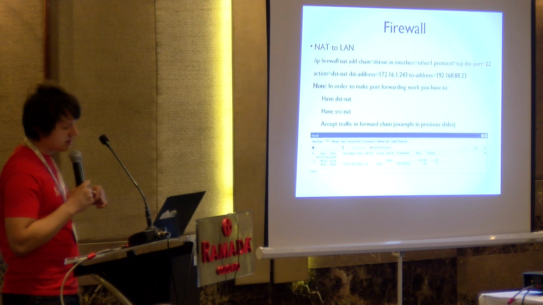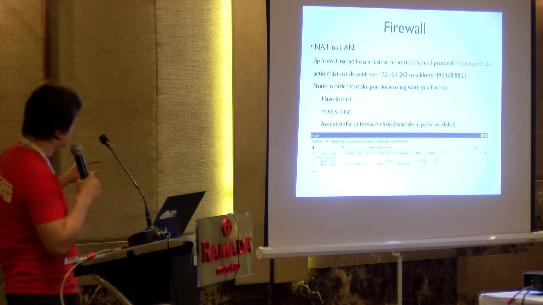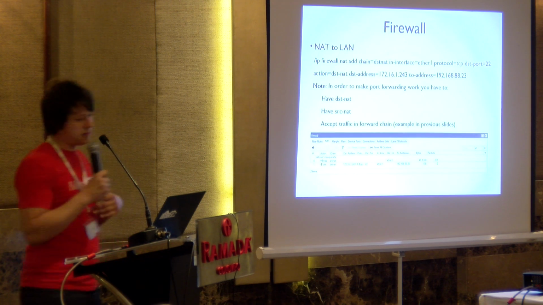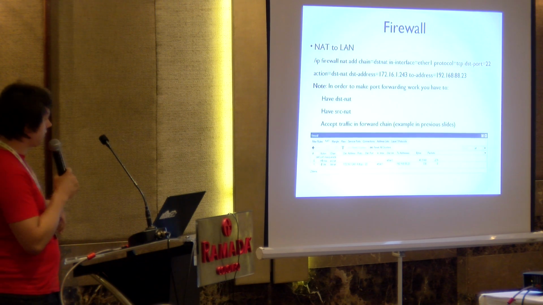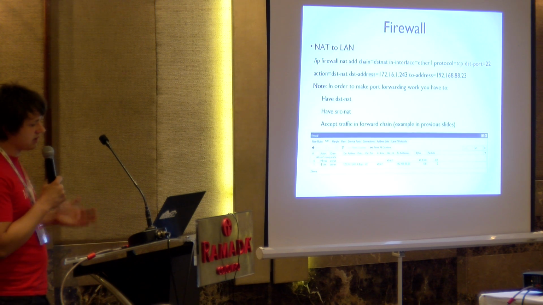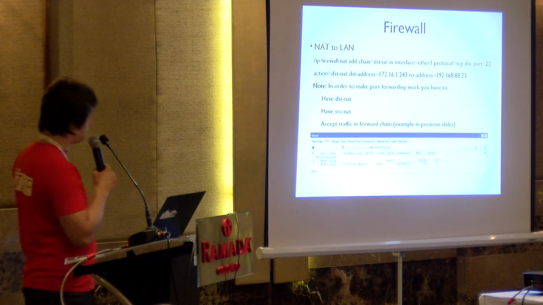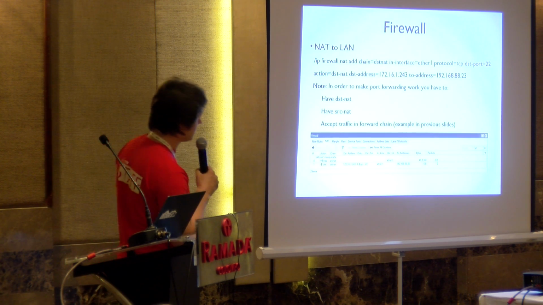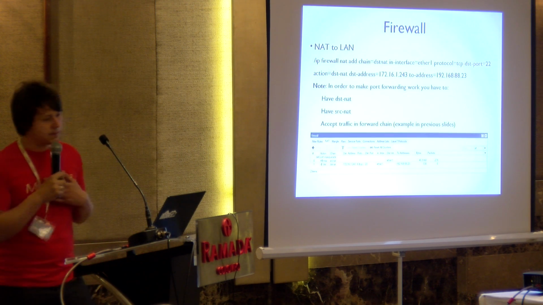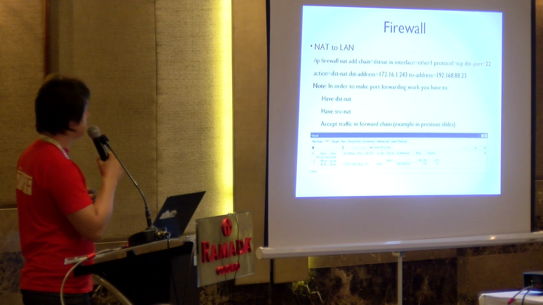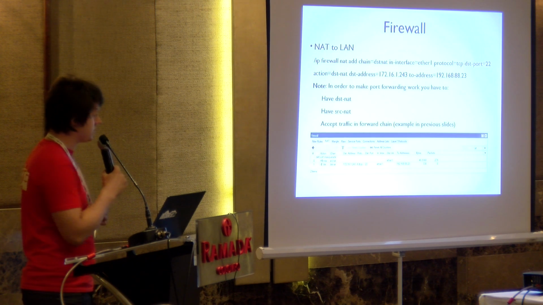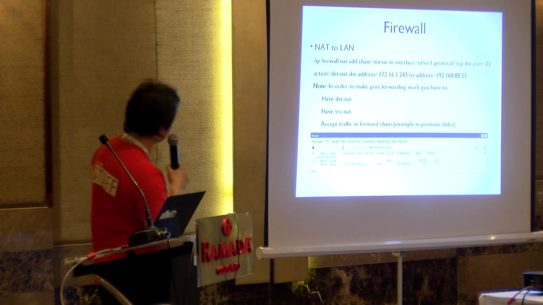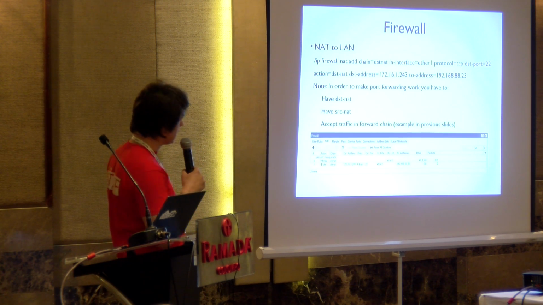When the packet comes back without the source NAT rule, this second rule, I would receive the packet from the server's local area network IP address, and the connection would simply be dropped because the IP address does not match. I requested a public IP address from the router and I received an IP address from the server LAN address. So to fix this, you would need to use the source NAT rule.